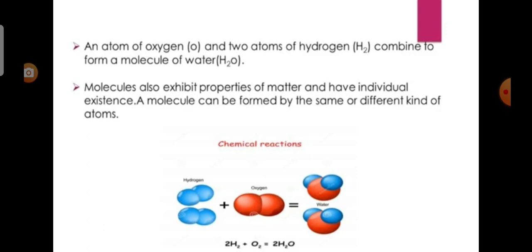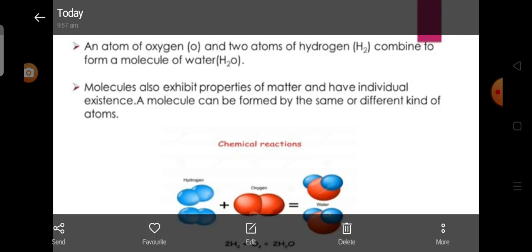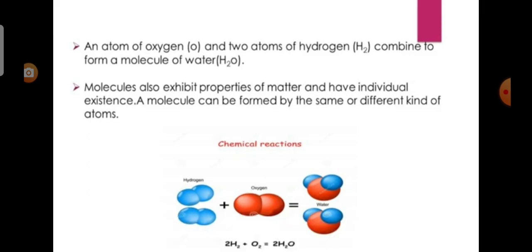An atom of oxygen and two atoms of hydrogen combine to form a molecule called water. The formula of water is H2O. Molecules also exhibit properties of matter and have individual existence. A molecule can be formed by the same or different kinds of atoms.